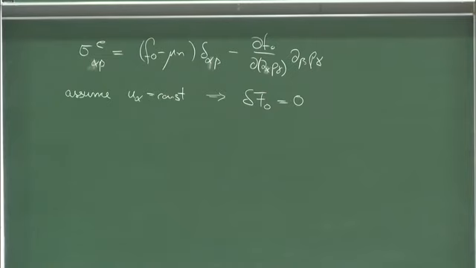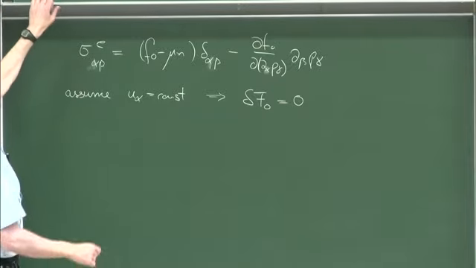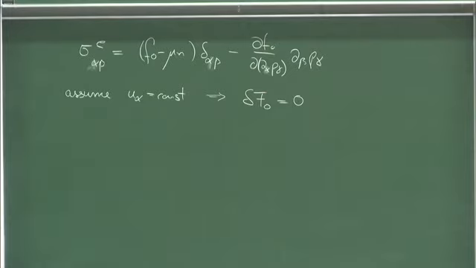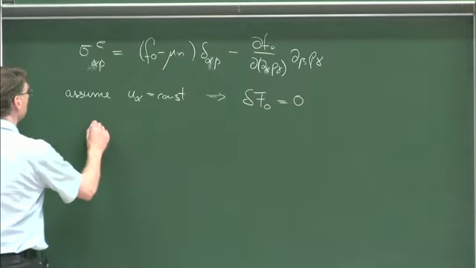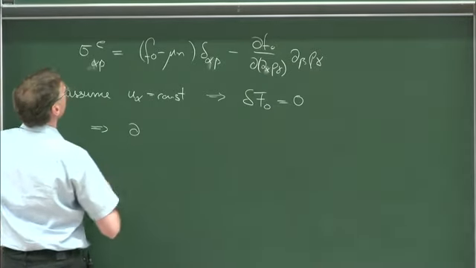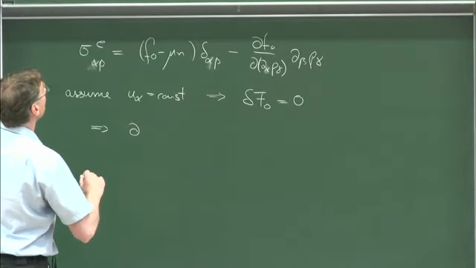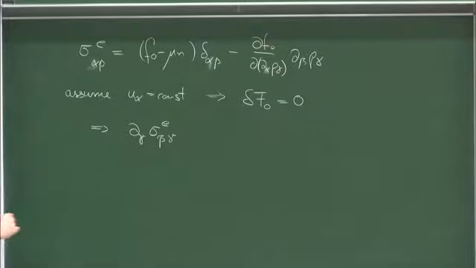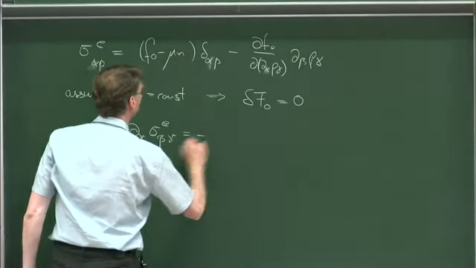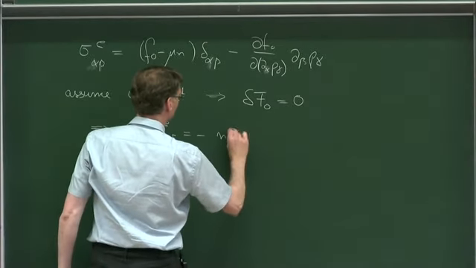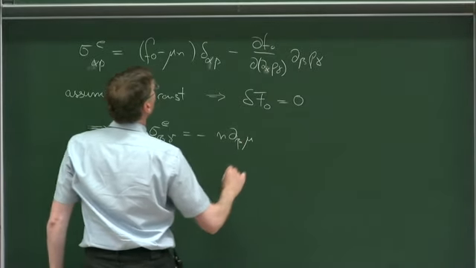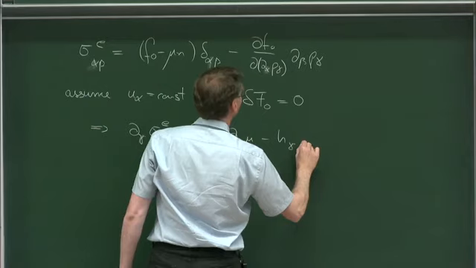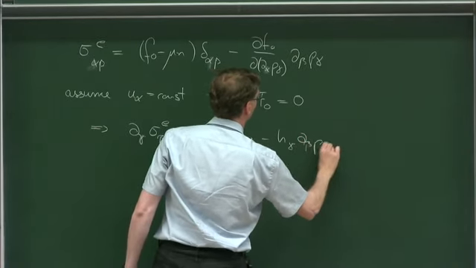So this gives me another condition, because now I can use the divergence theorem again to transform this one into a volume integral, and then the integrands have to be 0, and what I get from this is basically that d gamma sigma beta gamma Ericksen must be equal to minus n times d beta mu minus h gamma d beta p gamma.